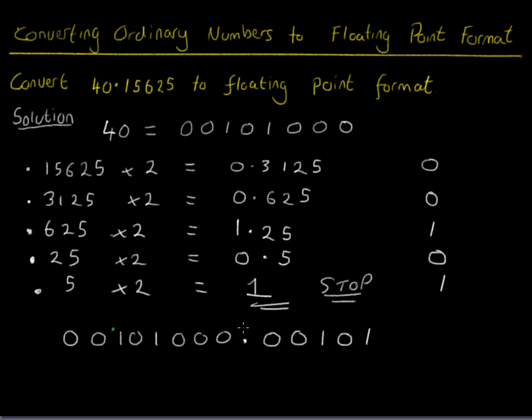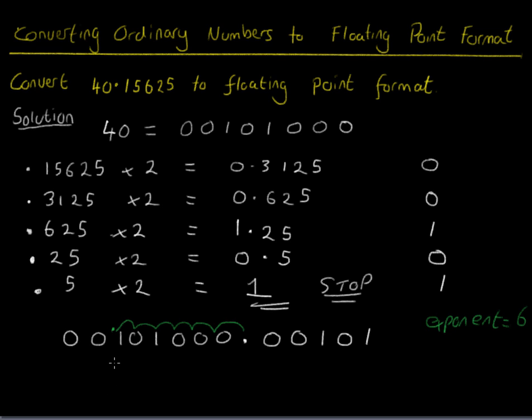So if that binary point is going to move that way, that's 1, 2, 3, 4, 5, that's 6 jumps. Okay? So that tells me something about the value of my exponent. The exponent as a value is going to have to equal 6.